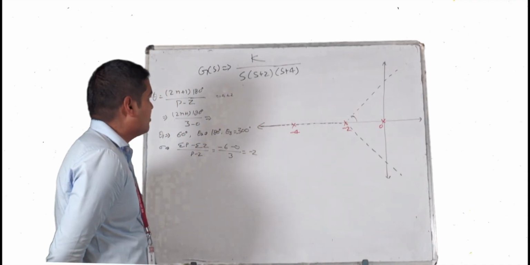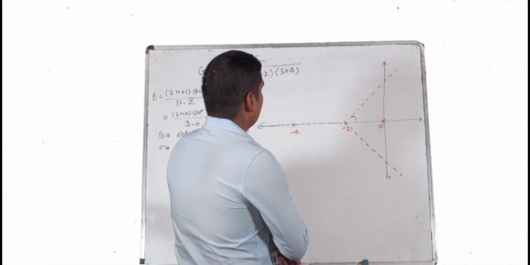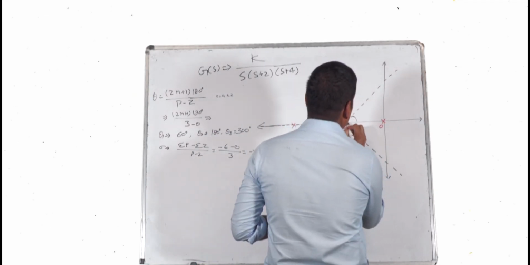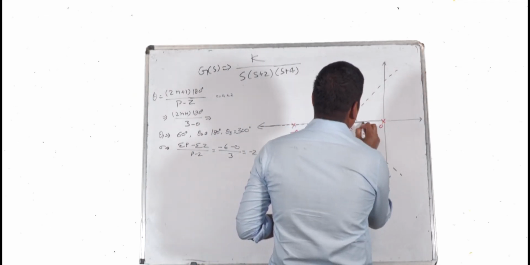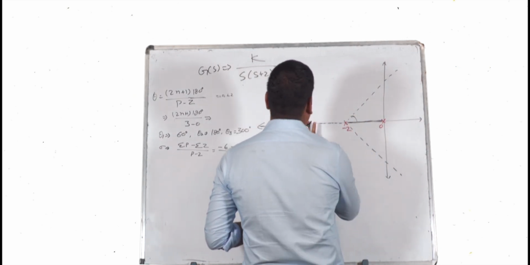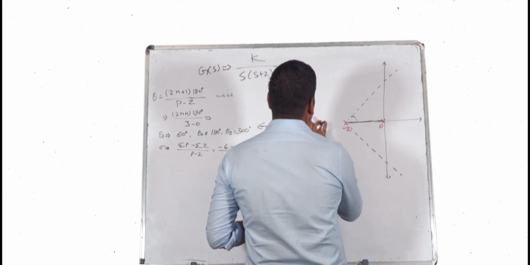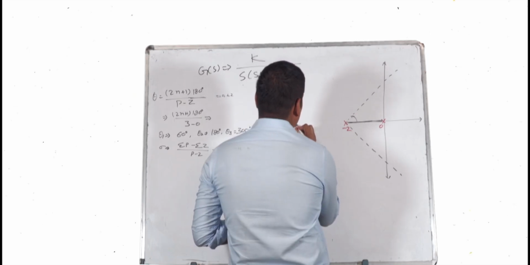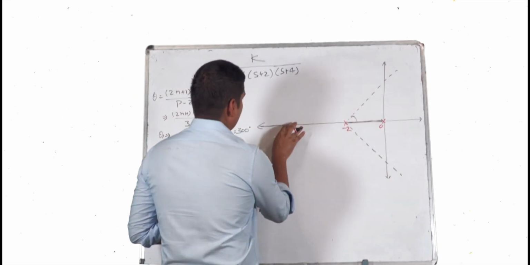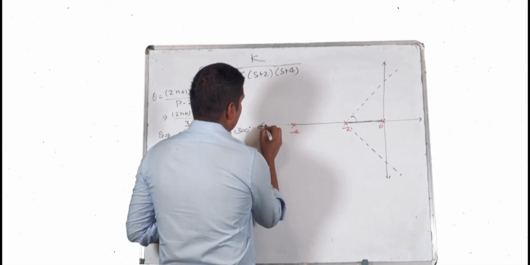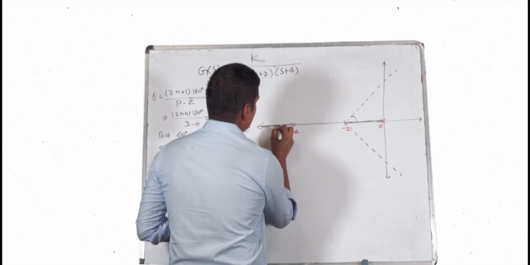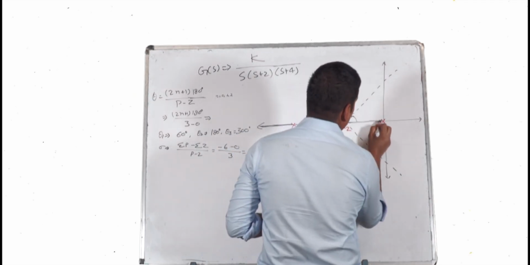Now let us try to calculate the breakaway point, and let us try to see where the root locus is going to lie. So on this point, an odd number of poles and zeros is going to be there at the right side, so that is why this part is going to be a part of root locus. But this part is not going to be a part of our root locus because it is even, and again this particular part is also going to be part of root locus.